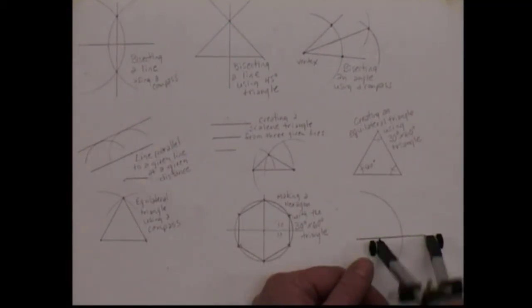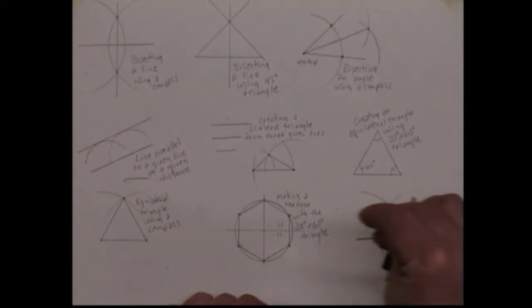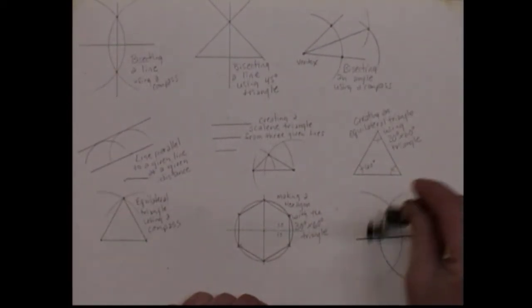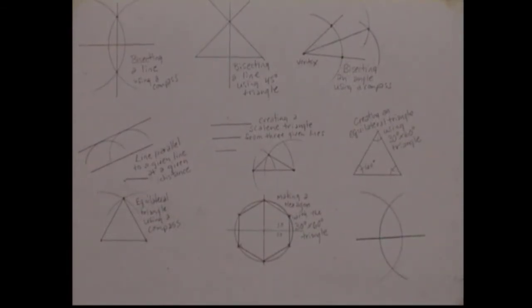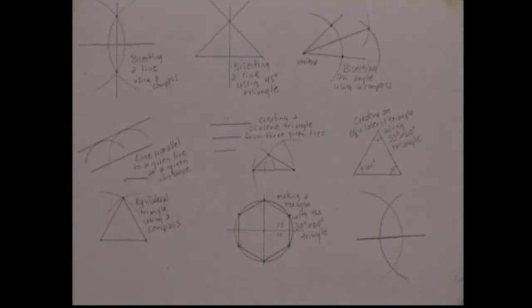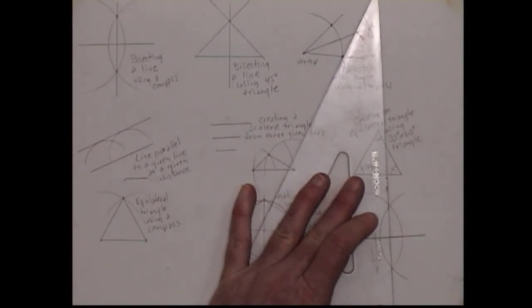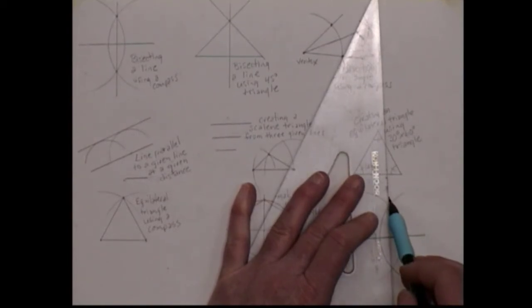We're putting our needle point on the other end. And we're striking an arc on that side. Now, just like we bisected the line up here, we're going to use our straight edge and connect those 2 points. And this gives us our center mark, which also gives us the quadrant of our circle.